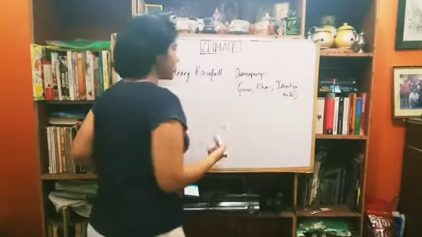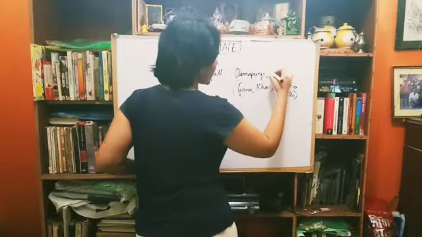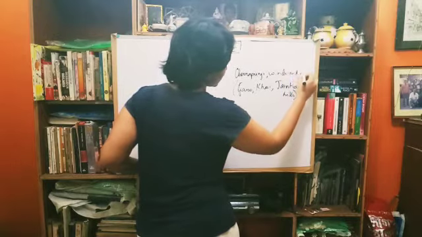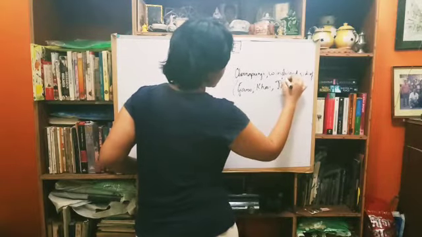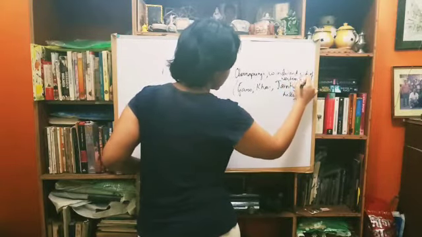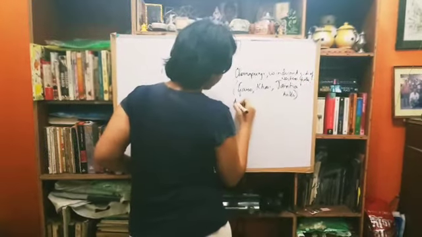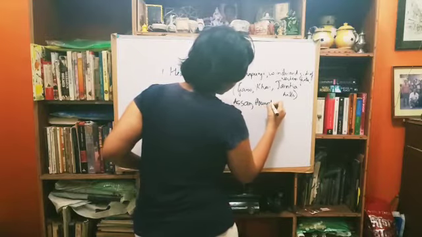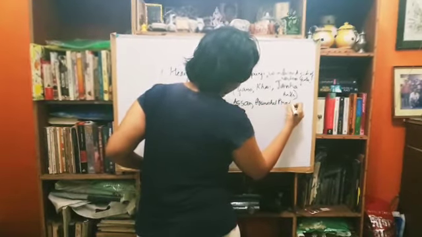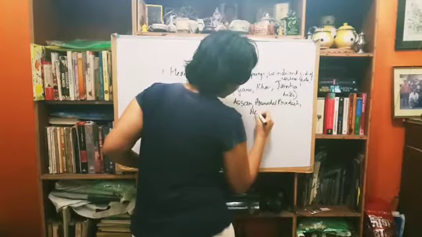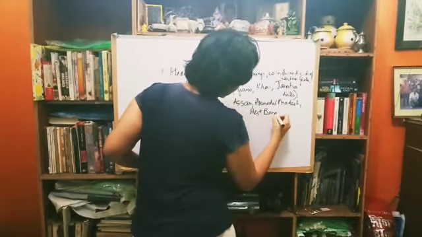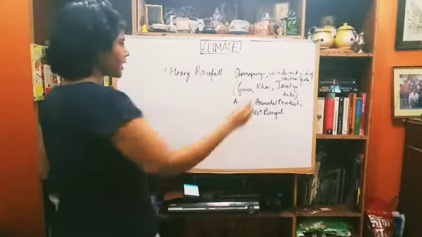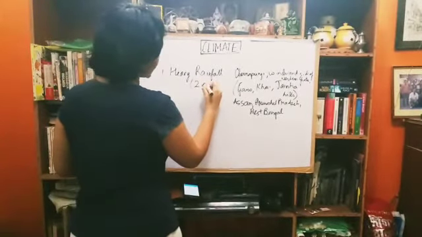Then we have other parts like the windward side of the Western Ghats. We have Assam. We have Arunachal Pradesh. And we have our very own West Bengal. These are the heavy rainfall regions. You have to learn any 2 examples.